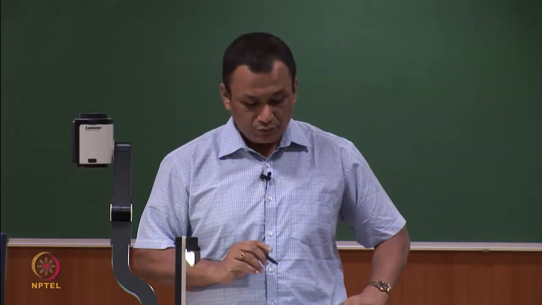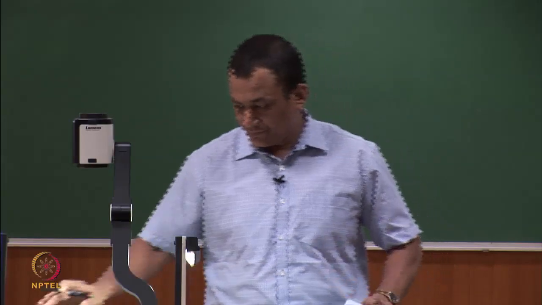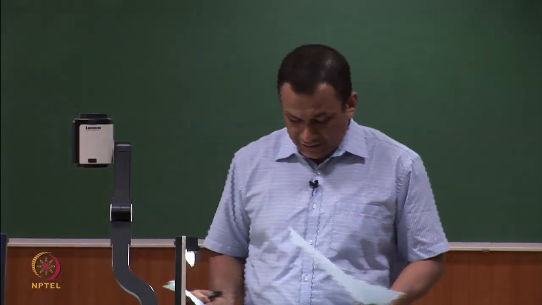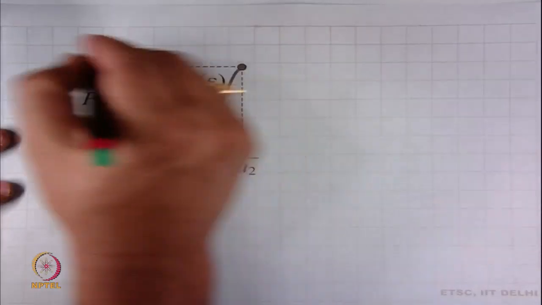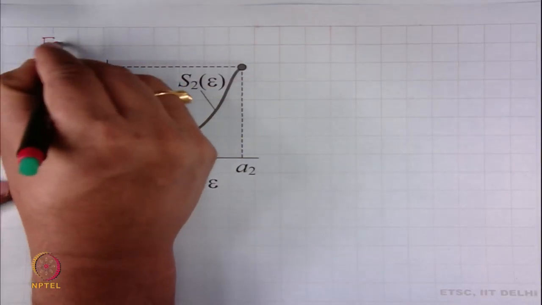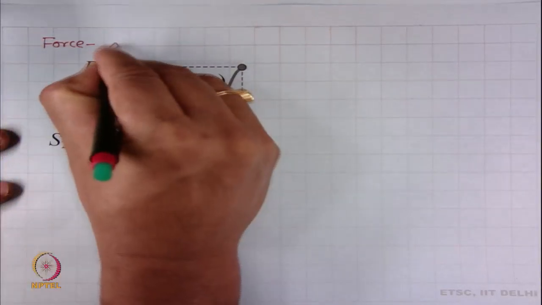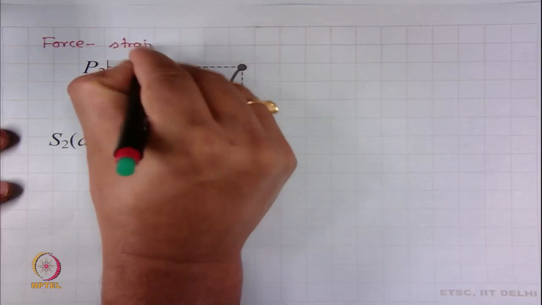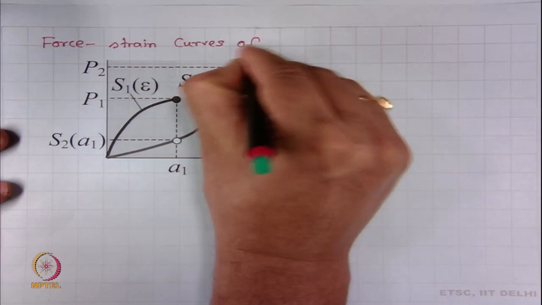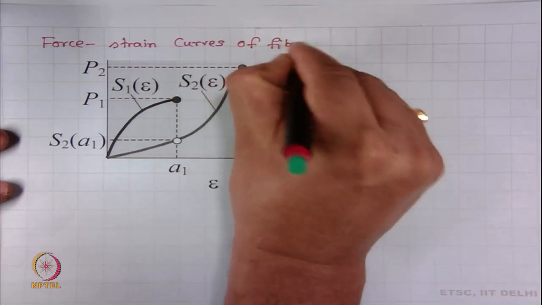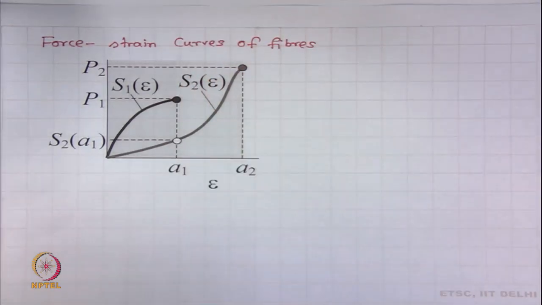Now, we consider this kind of stress strain, force strain curve of fiber. As I said, two types of fibers, 1 and 2.